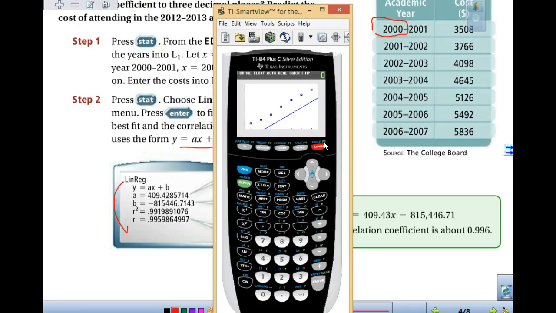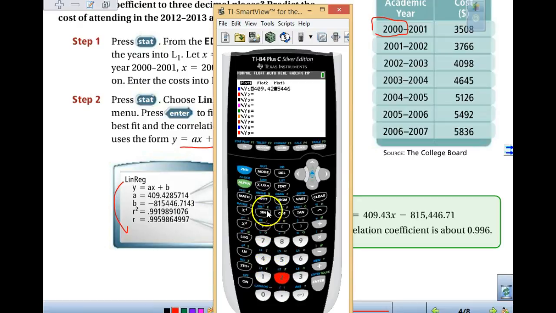Do you think it matters what we used for our slope? That we only went to 409, not 409.428. So, go back to your y equals. Y equals. And this time, right behind this 409, you're going to use your arrow key, and we're going to put 0.42.